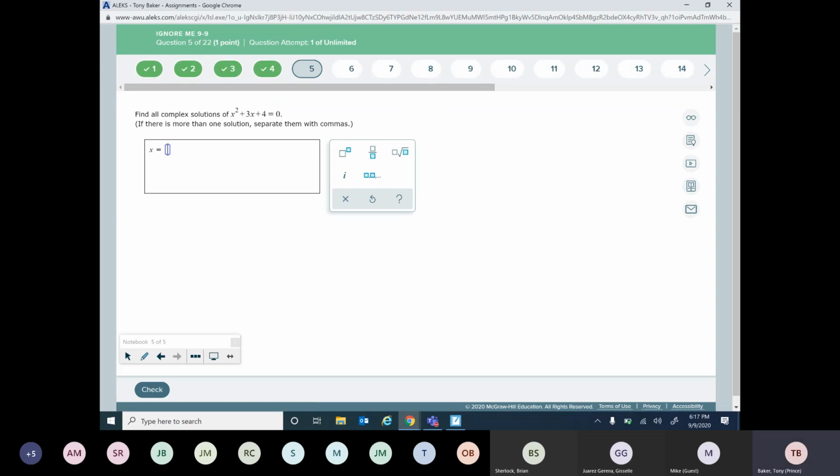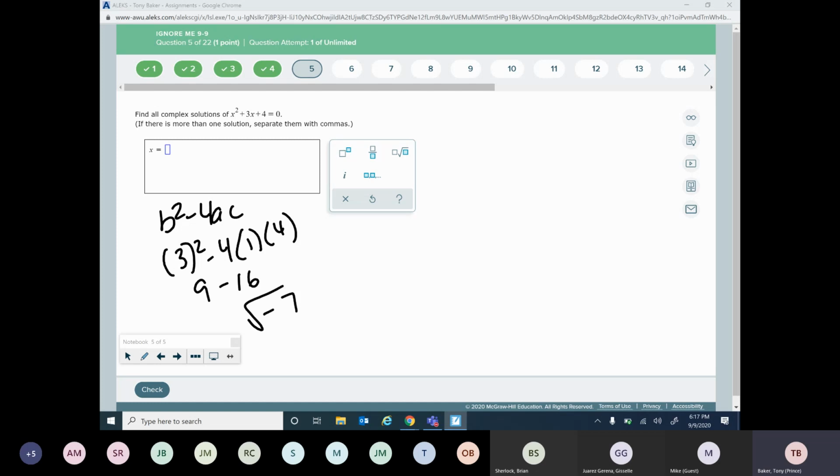Now this one says complex solution. So this one, we know we're going to have an i. So again, same concept. I would do my b squared minus 4ac part first. So I've got 3 squared minus 4 times 1 times 4. So 9 minus 16 is negative 7.